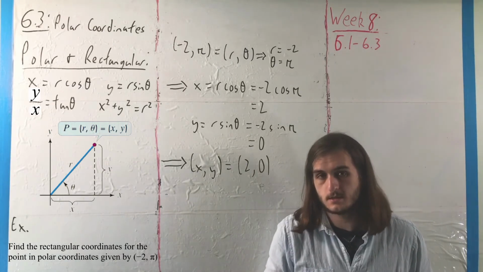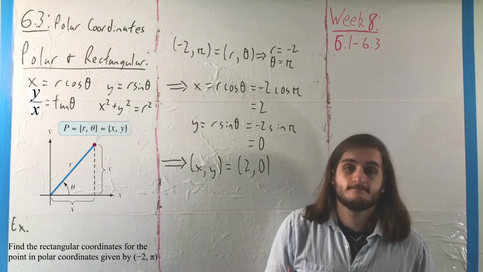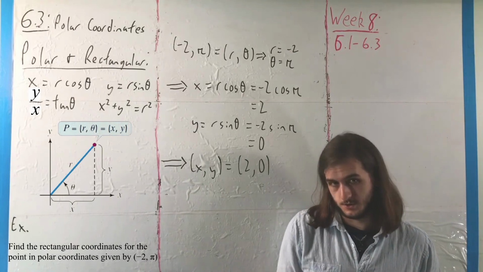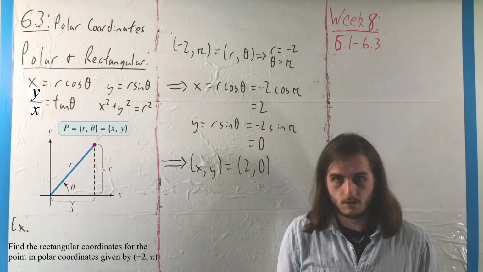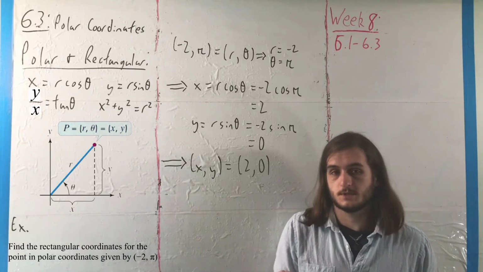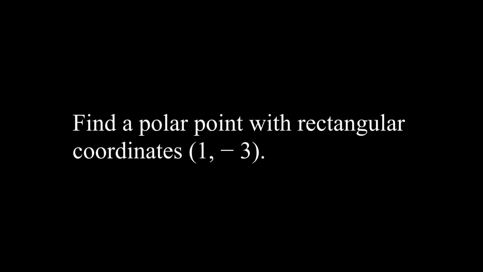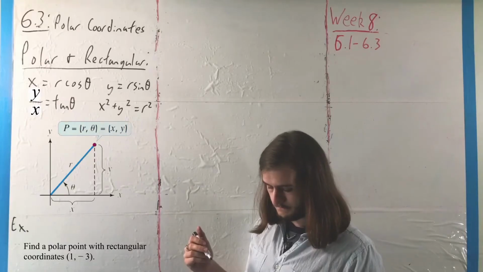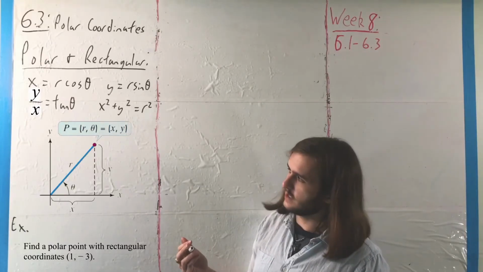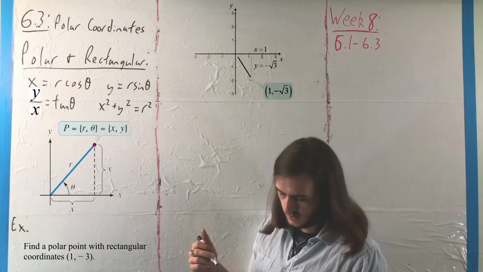In our next example, we're going to see essentially how you can go in the other direction. That is, how we can go from rectangular to a representation in polar. So for this, we want to find a polar point with the rectangular coordinates (1, -√3). So first, just for the sake of clarity, we may want to actually make a picture of what it is we're looking at here.